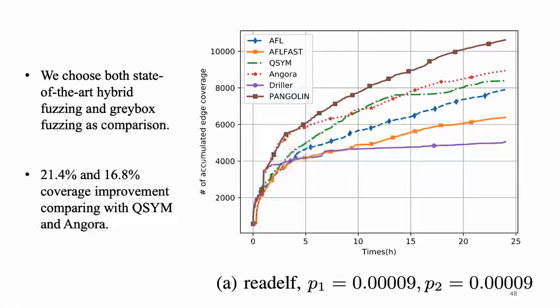Overall, we achieved 21.4% and 16.8% coverage increase compared with the next two best fuzzers, QSYM and Angora, on average. We also provide the p-value from statistical evaluation of these two fuzzers. The first p-value is compared with QSYM, and the second one is for Angora. Both values show the significance of our contribution.